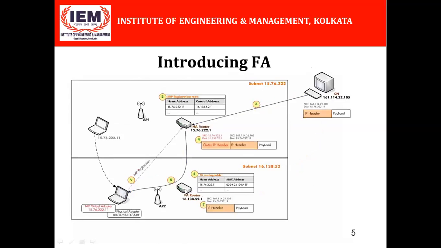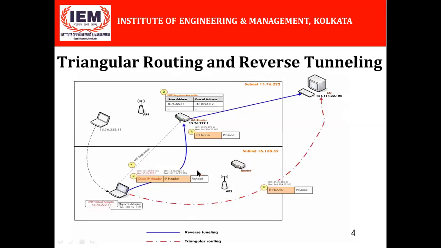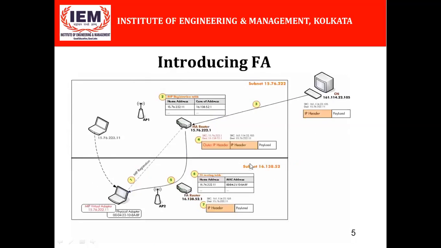I want to show you the address, but no address is shown over here. We are only using a subnet mask. We are using the home agent router address, but no address is associated with the foreign agent router. So when I want to use that, it is quite significant to introduce the foreign agent. Otherwise, it is simply a router.